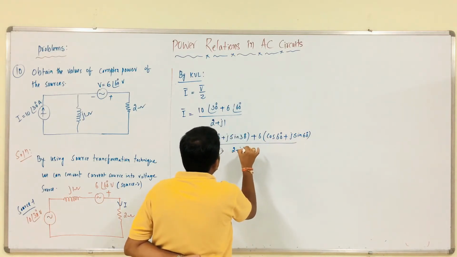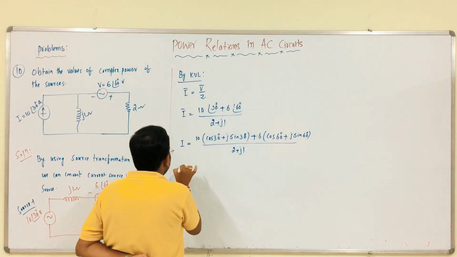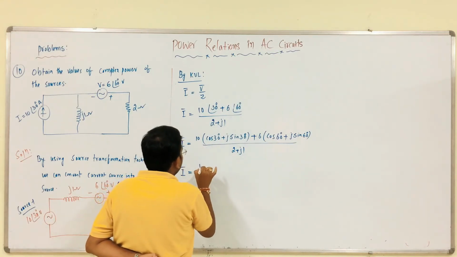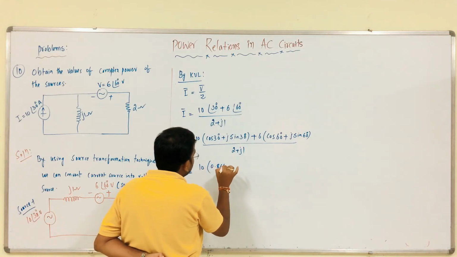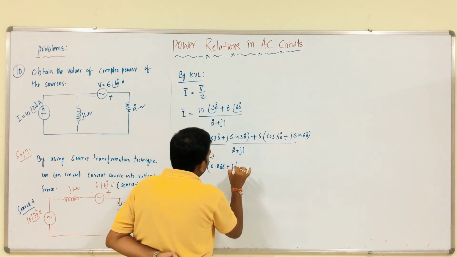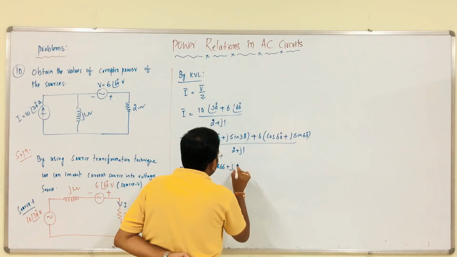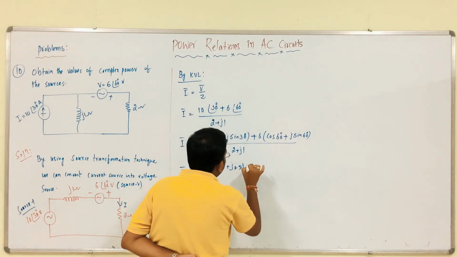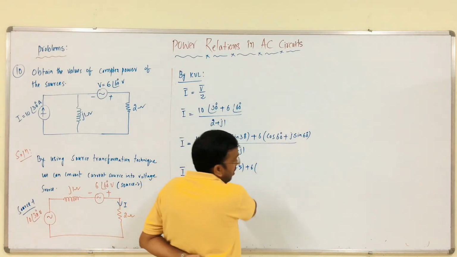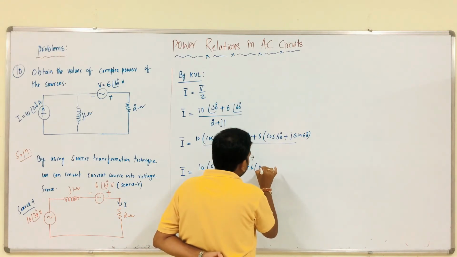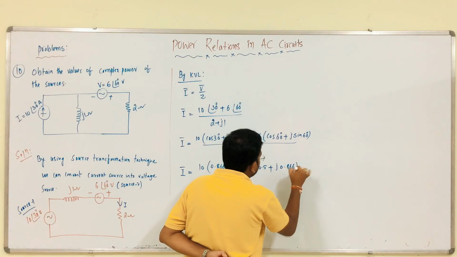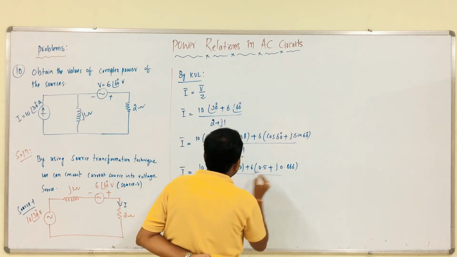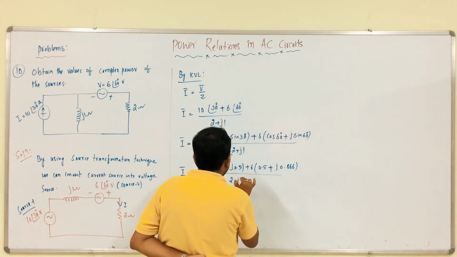2 plus J1, right. So, from this I is equal to 10 cos 30, which means 0.866 plus J, you can write 0.5, plus 6 into cos 60, which is 1 by 2, that is 0.5 plus J 0.866, right, by 2 plus J1.